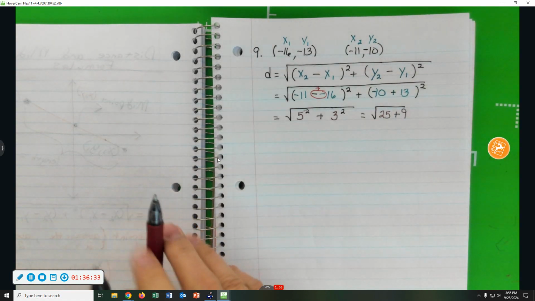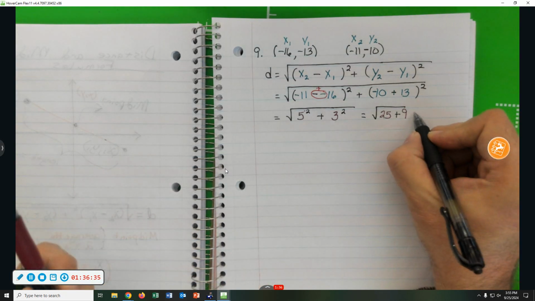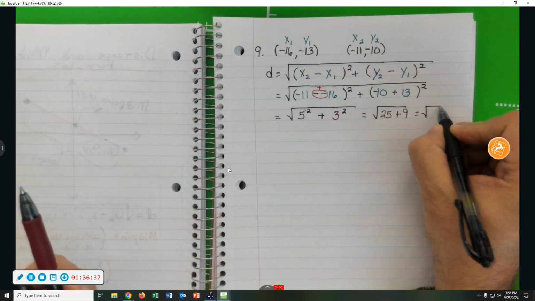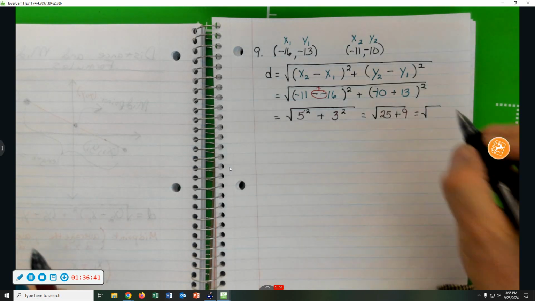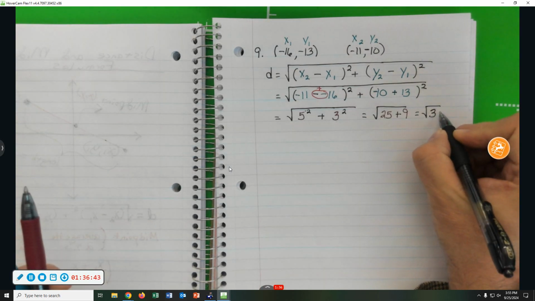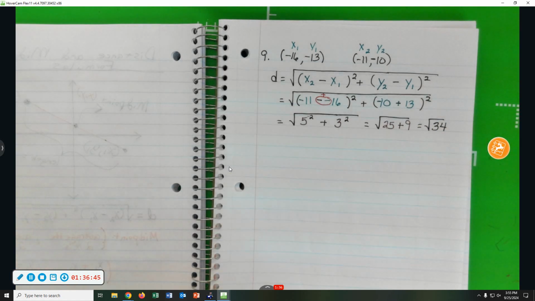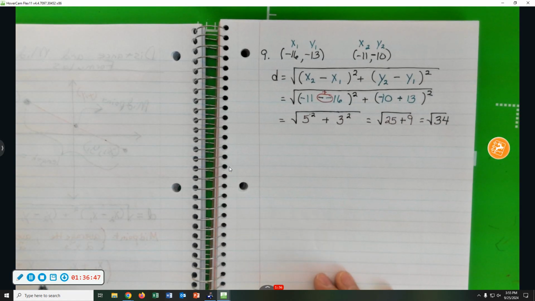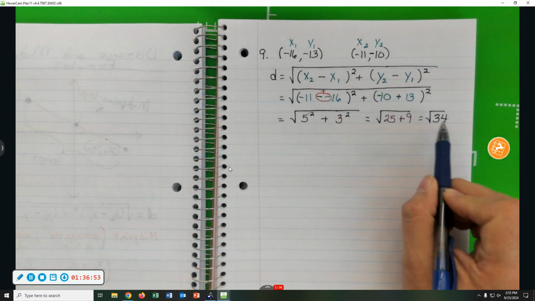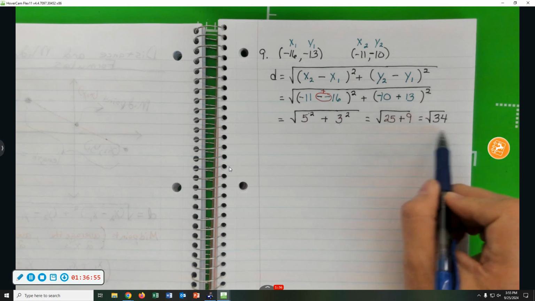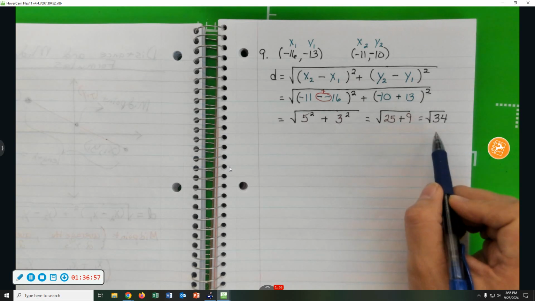So what number are we getting under this square root? 25 plus 9, 34. Is 34 a perfect square? No. Is there a perfect square that divides evenly into 34 so we can reduce that square root of 34? What are the only two numbers that divide into 34 other than 1 and 34?